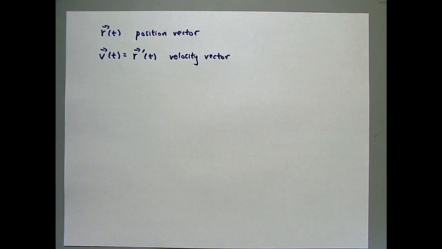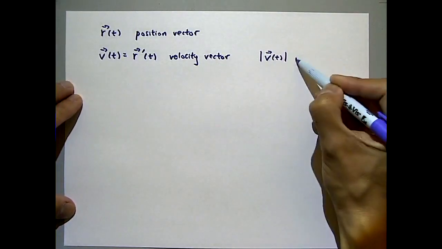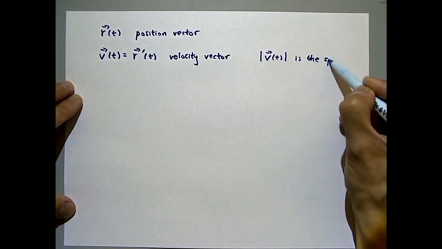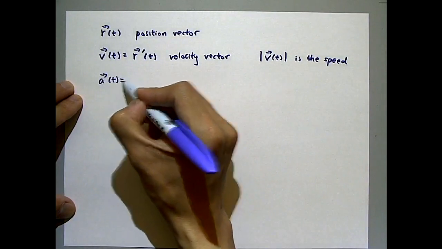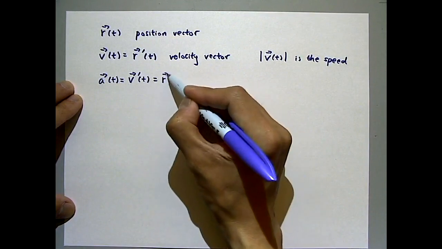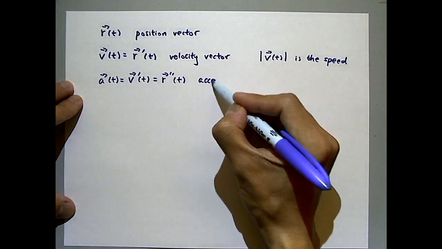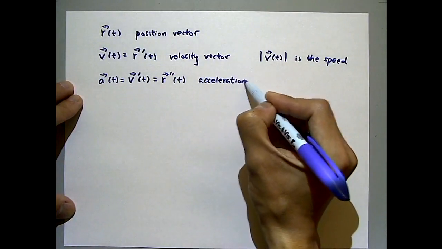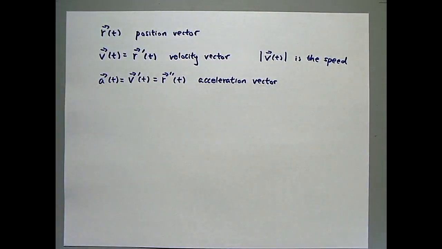What do you call the magnitude of the velocity vector? Speed, right. And the acceleration vector is the derivative of the velocity vector, or the second derivative of the position vector. So velocity is the rate of change of position, acceleration is the rate of change of velocity.